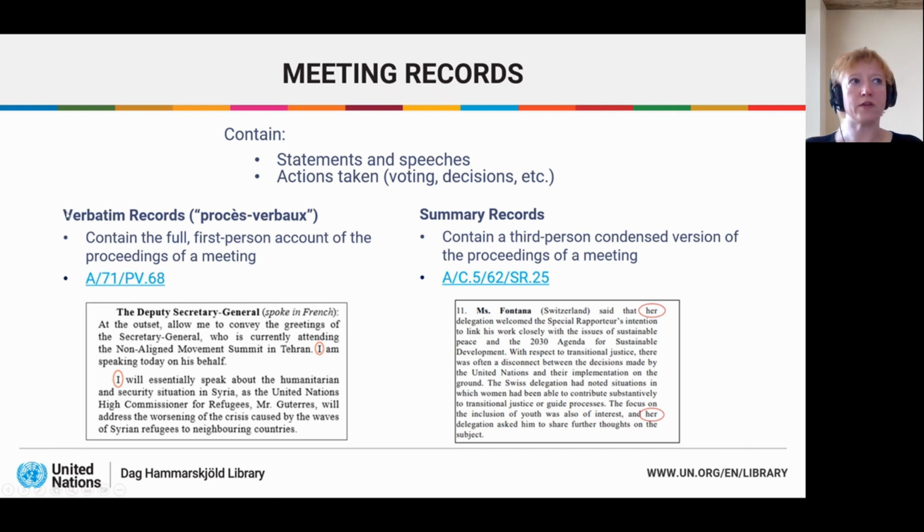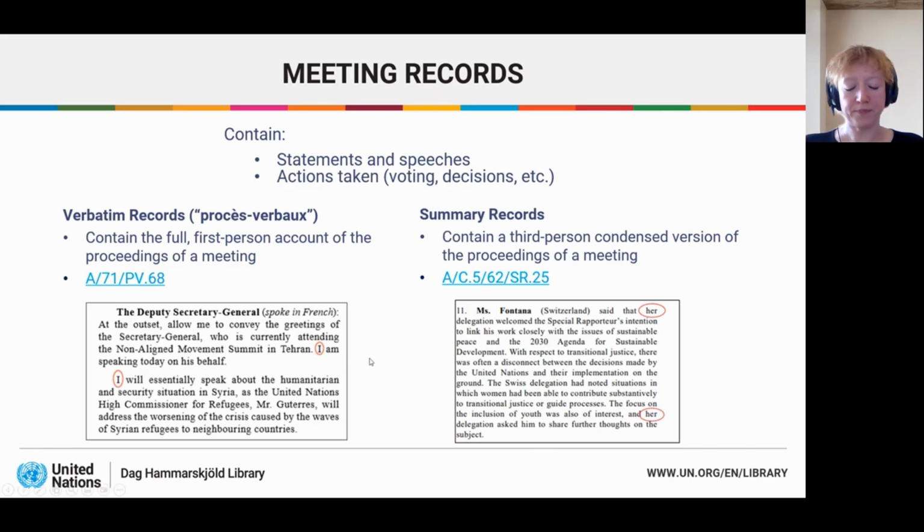For one, there are the verbatim records, French procès-verbaux, and these contain the full first-person account of the proceedings of a meeting. So you get word-by-word information of what was said during a meeting. So in here we have an example. When you see it was written in the first person, you know that this is a verbatim record.